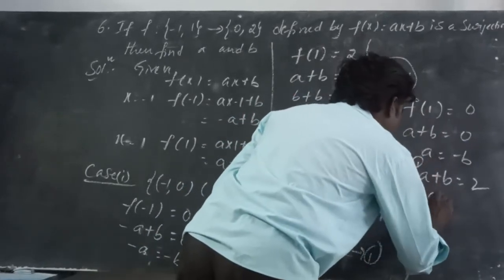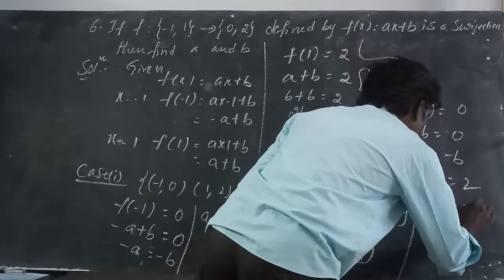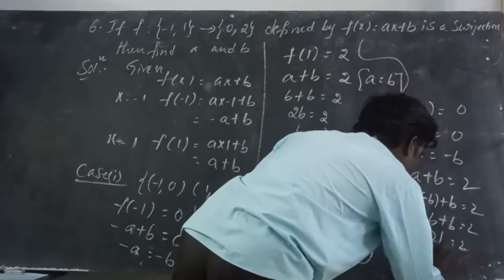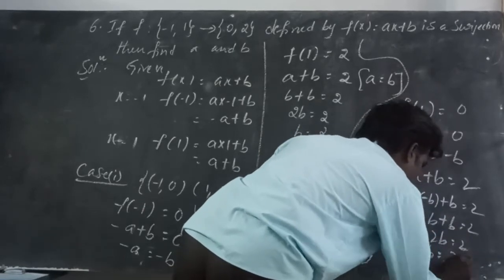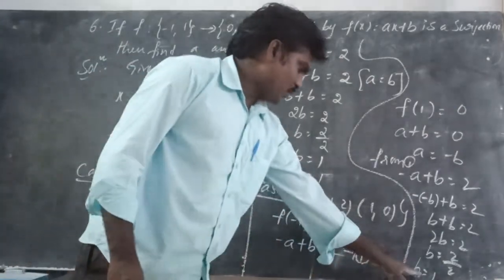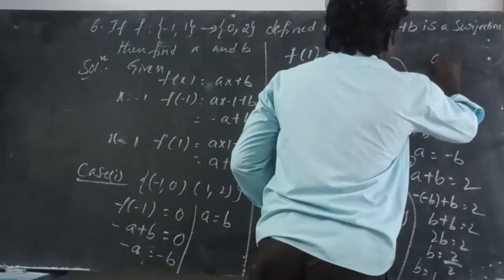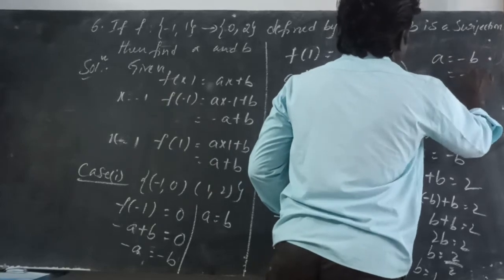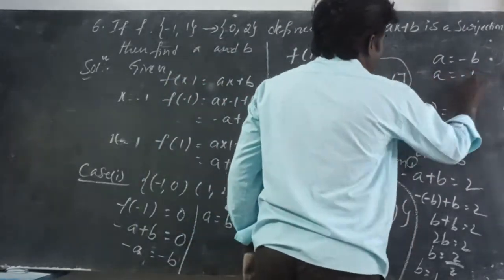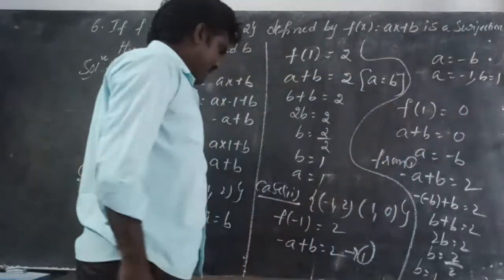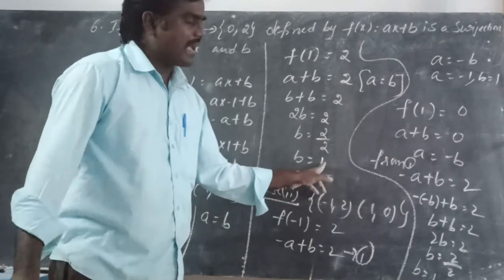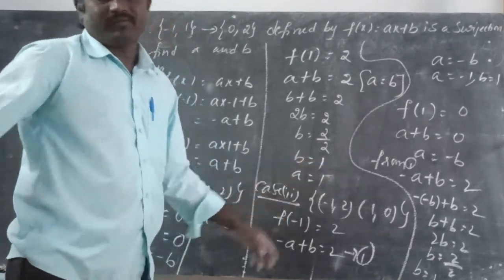So minus of minus b plus b is equal to b plus b is equal to 2b is equal to 2, b is equal to 2 by 2, b is equal to 1. When b is equal to 1, then a is minus b, that is a is equal to minus 1. So in case 2, the values are a is equal to minus 1, b is equal to 1. In case 1, a is equal to 1, b is equal to 1. Okay, these are the values of a and b.